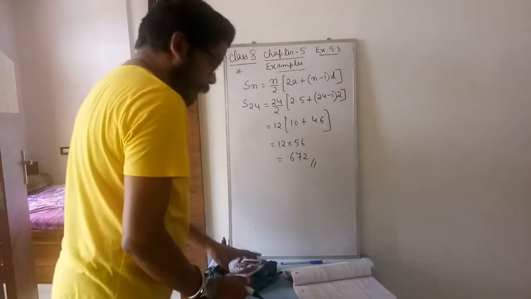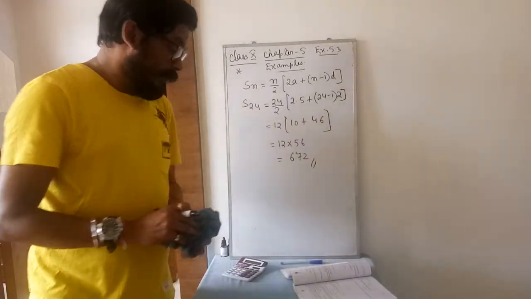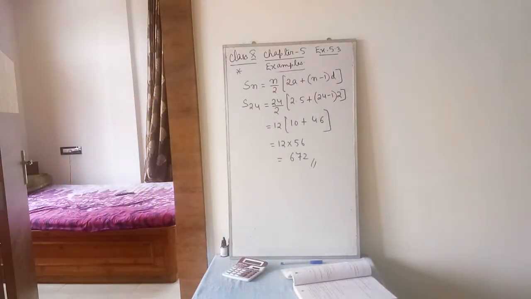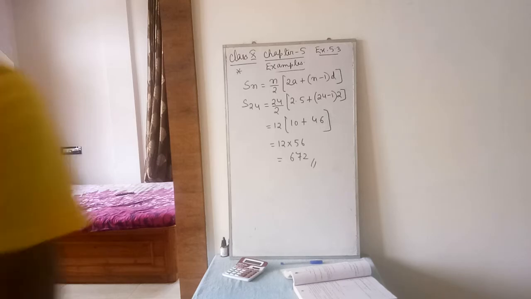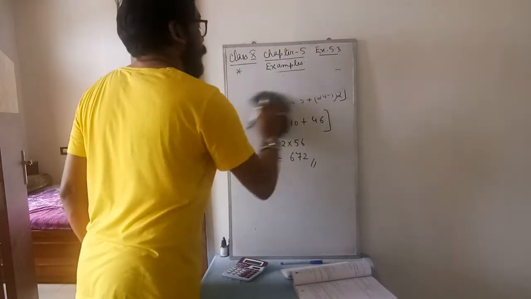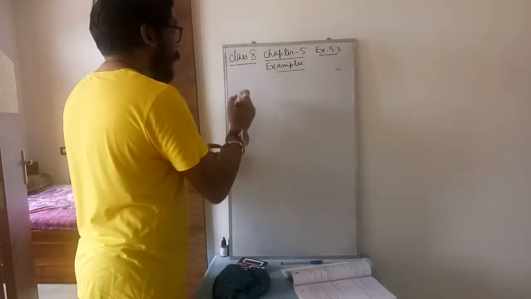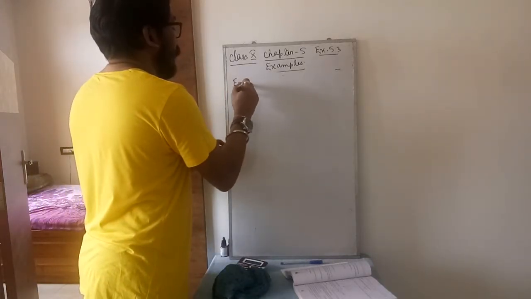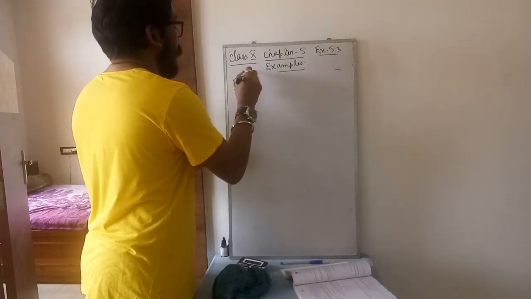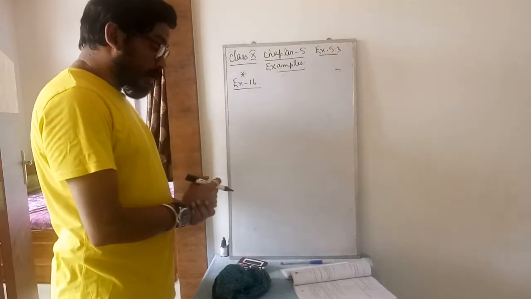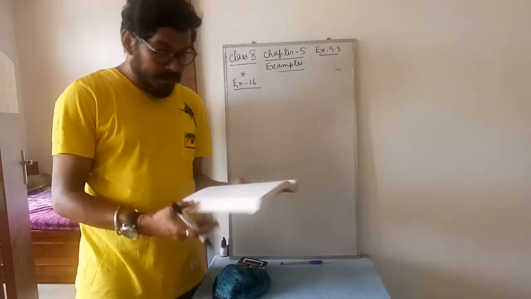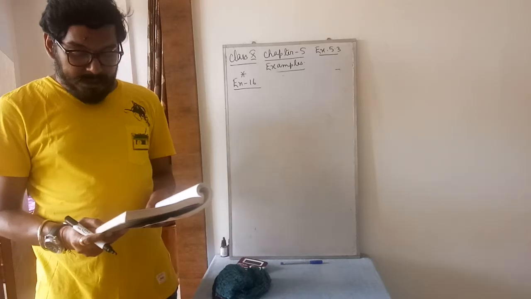Okay, clear? Now we will go for example number 16. This is also important, you can give a star mark. This is the last example of exercise 5.3. Example number 16. A manufacturer of TV sets produced 600 sets in the third year.